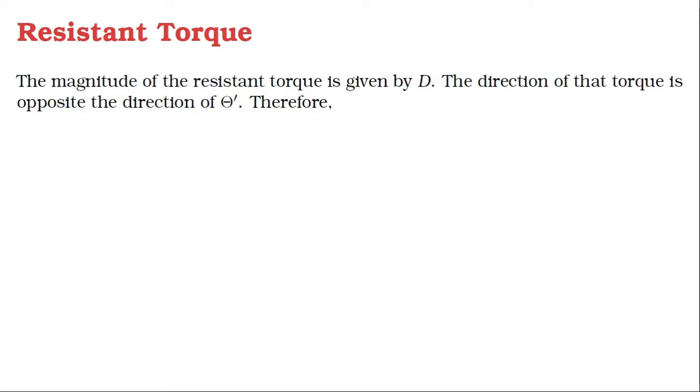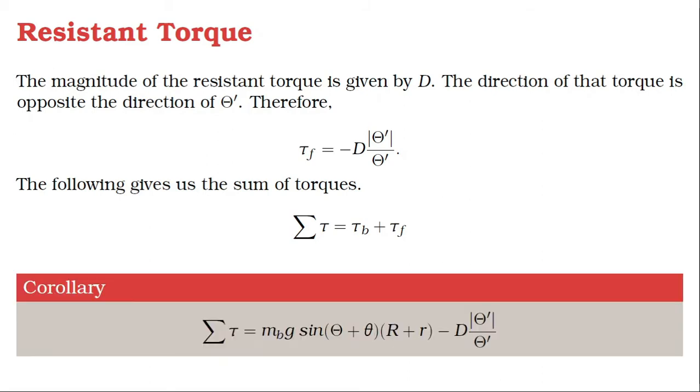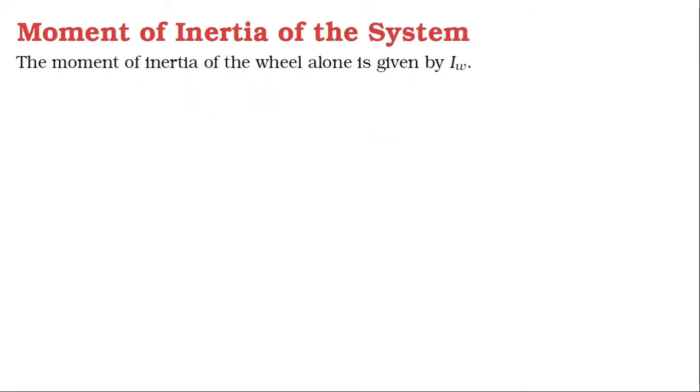We also want to consider one other torque, the resistant torque of the friction force. Since this resistant torque is in the opposite direction of the angular velocity, we use this formula to ensure it. Our total torque will be the torque of the bird plus the resistant torque, which is equal to this expression. In order to find the total moment of inertia for our system, we establish the wheel's inertia first.